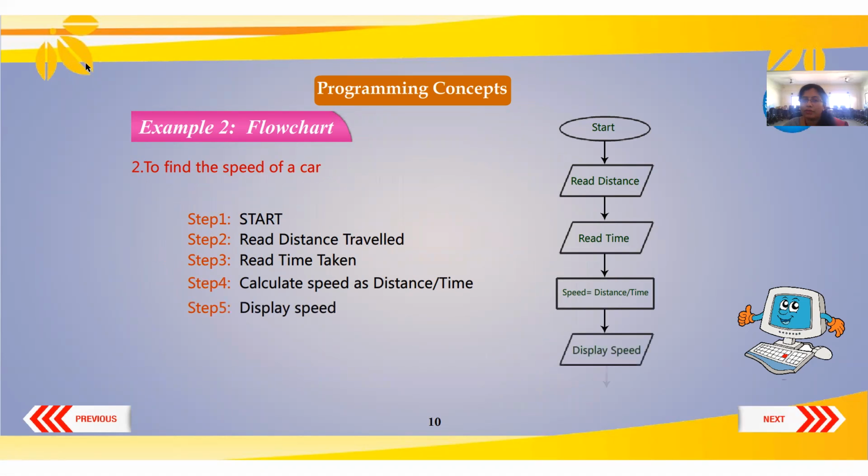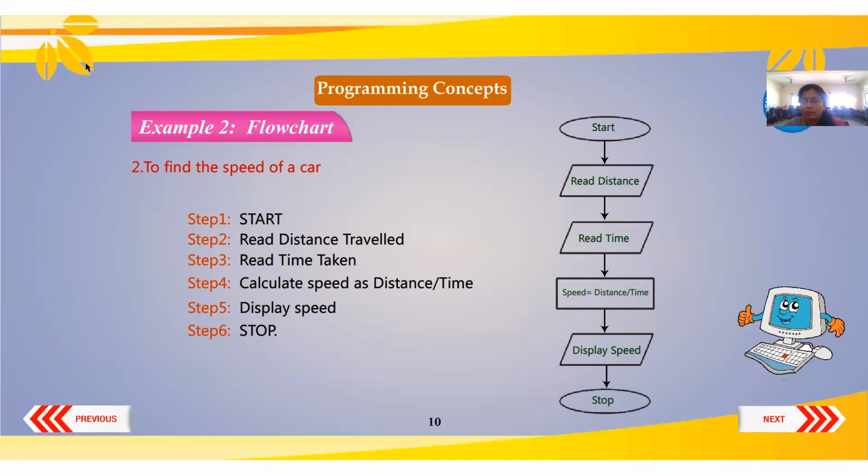For example, if we are going from Chittapur to Gulbarga, the distance let's say is 50 kilometers, and the time taken is approximately 60 minutes. Yes. So with this, we can calculate the speed of the car.